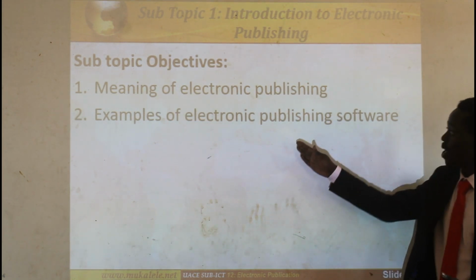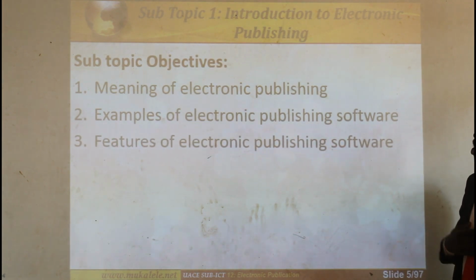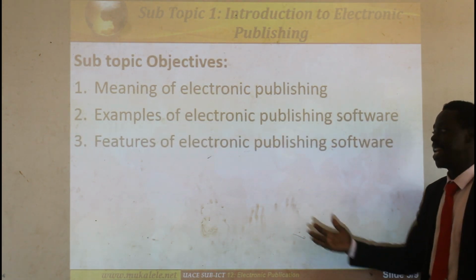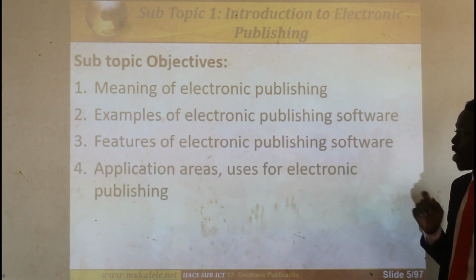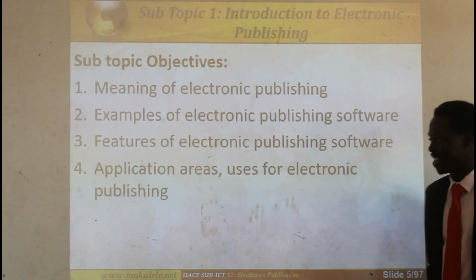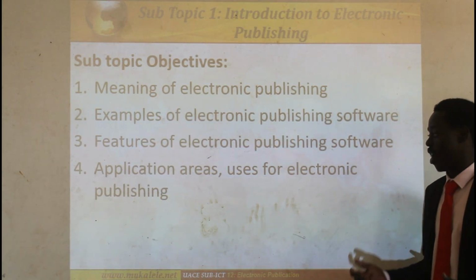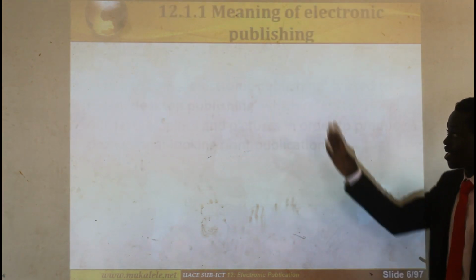You'll be in position to give examples of publishing software. You'll be in position to explain various features of electronic publishing software. And you'll be in position to give various application areas with different users of publishing software and print publications. Those are some of the objectives.